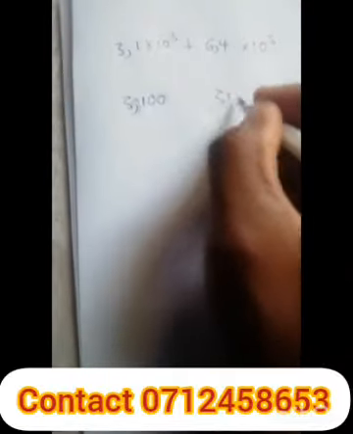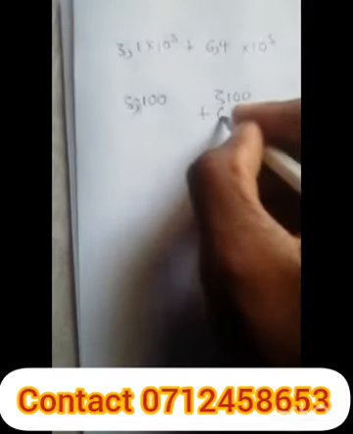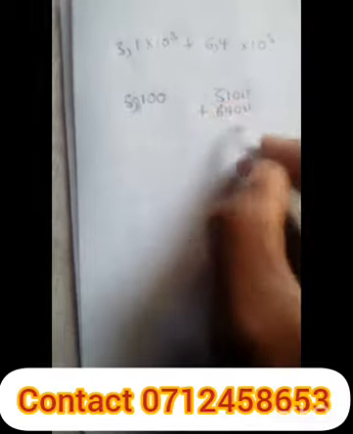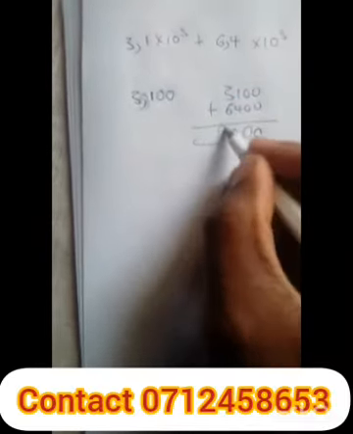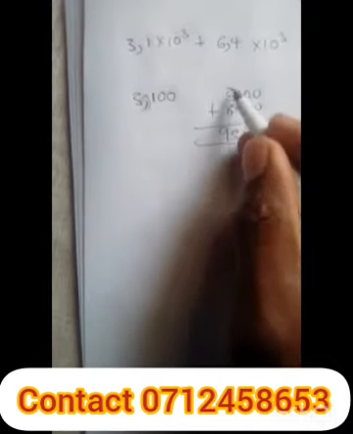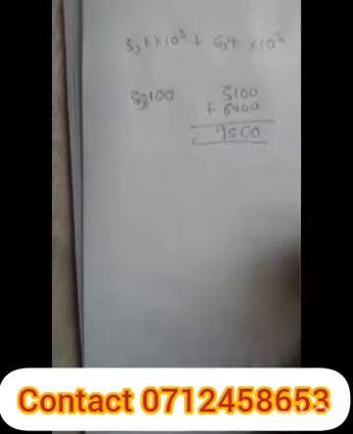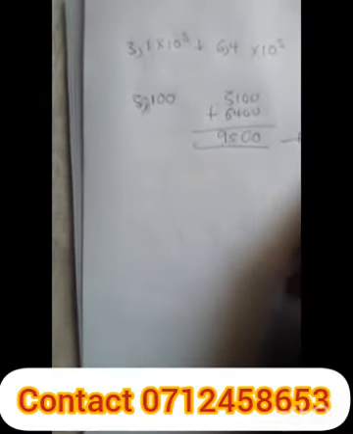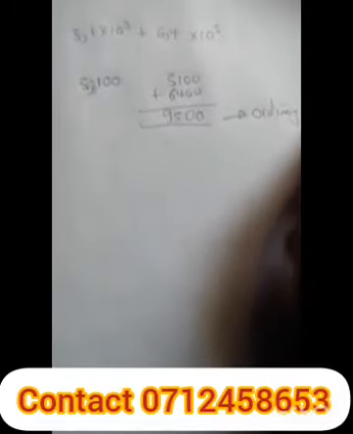So we've got 3,100 plus 6,400. If you add these, you get 9,500. So we've got 6 plus 3, 9, 1 plus 4, 5. Clear? Right. So now this is in ordinary form.